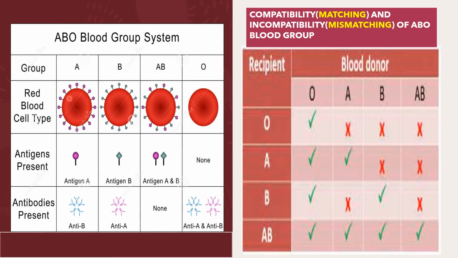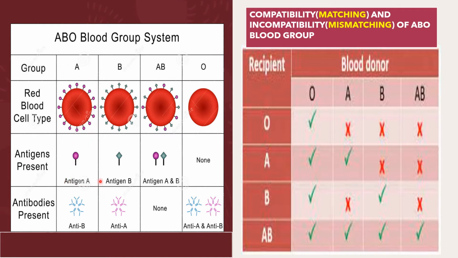What is an antigen? Antigen is a protein present on the surface of RBC. Based on that particular antigen, we classify blood groups.